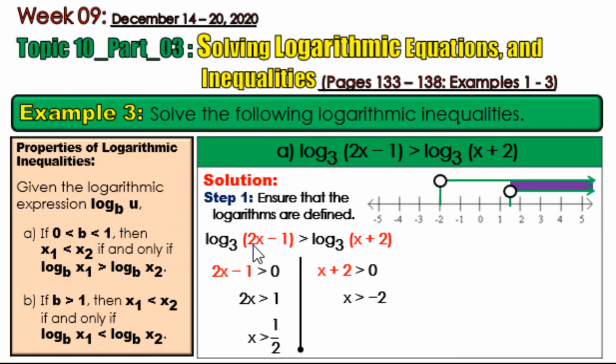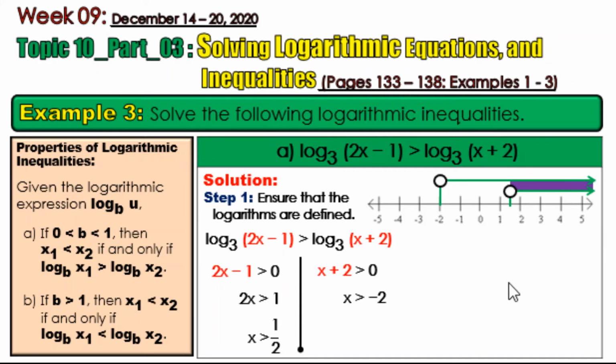So 2 times negative 1 is negative 2, negative 2 minus 1 is negative 3. So the values of x could be found here, with x greater than 1/2.